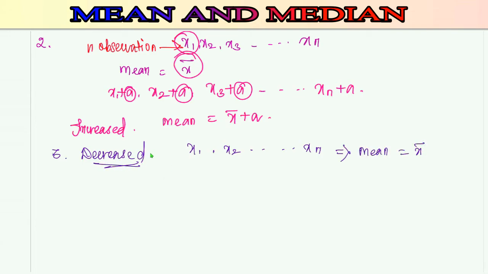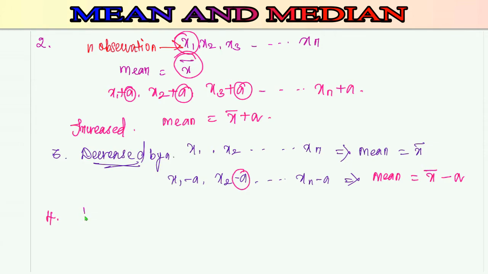When you decrease each observation by A, you get x1 minus A, x2 minus A, etc. xn minus A. Then their mean is equal to x bar minus A. Directly subtract the quantity from the mean, so that you get the required mean after decreasing each observation by A.